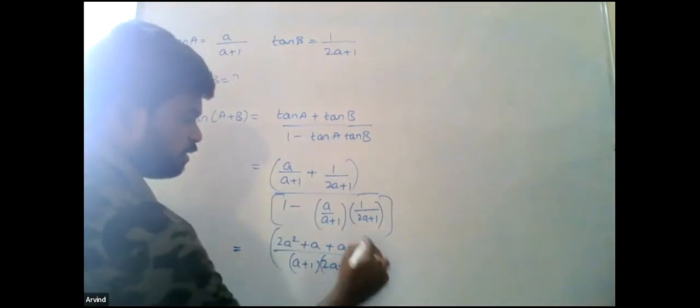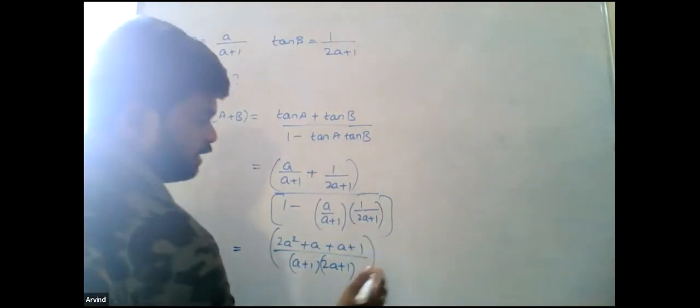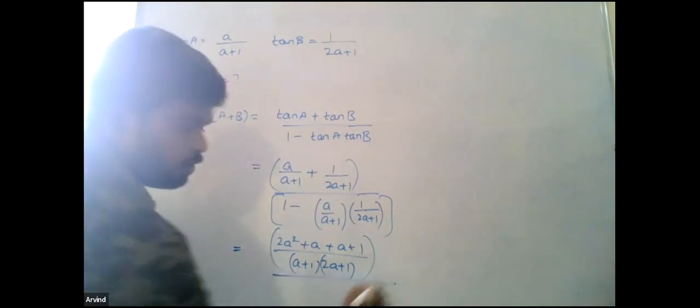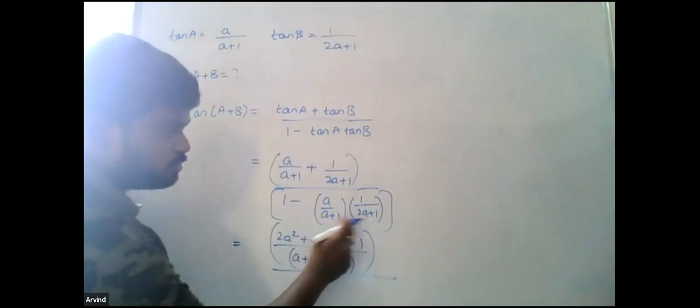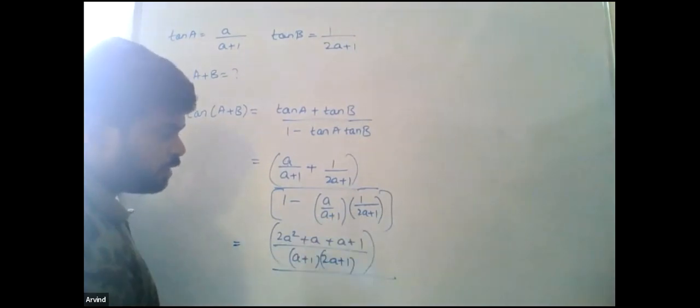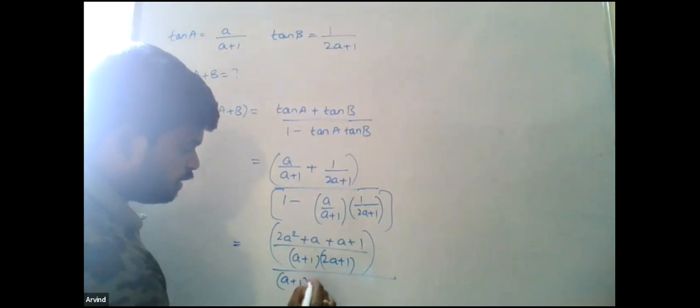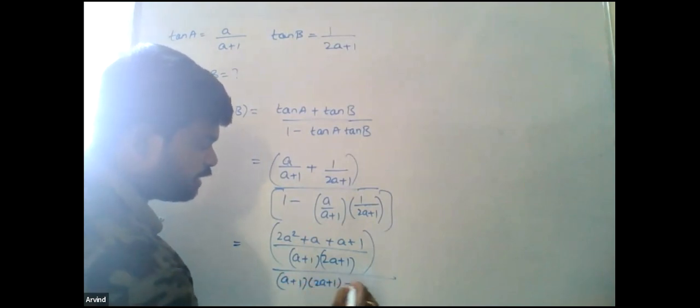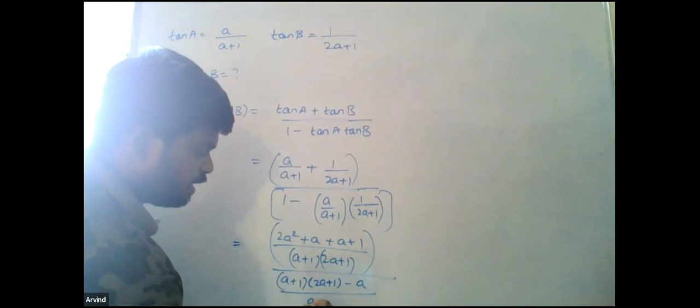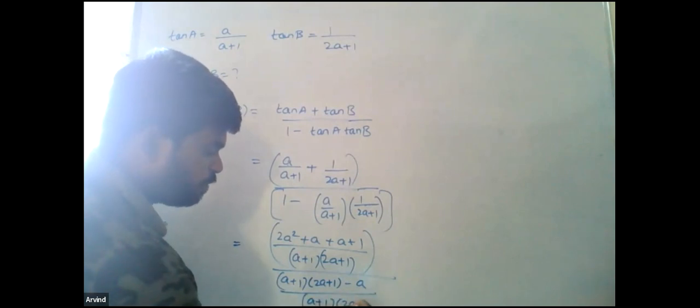Numerator we get. Denominator, I hope it is visible. In denominator, first these two things should be multiplied. So it will be A plus 1 into 2A plus 1, minus A divided by A plus 1 into 2A plus 1.